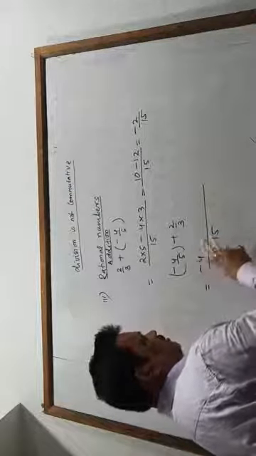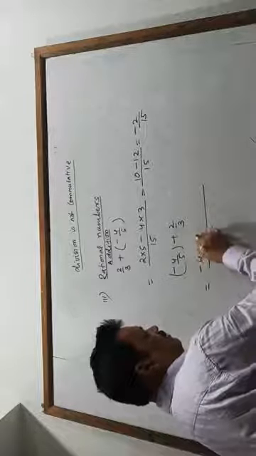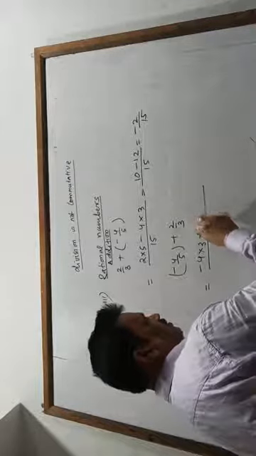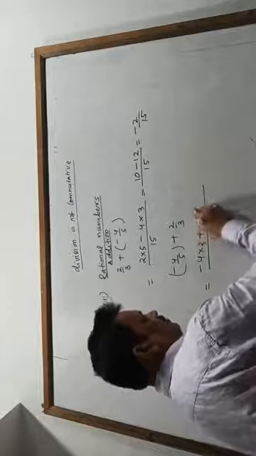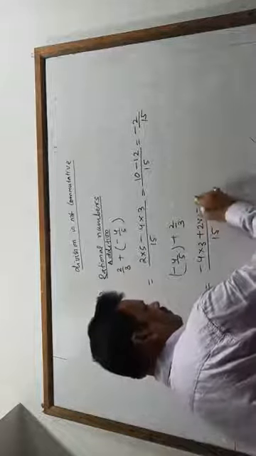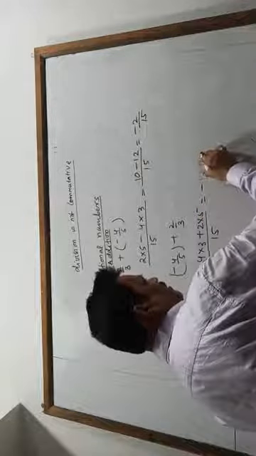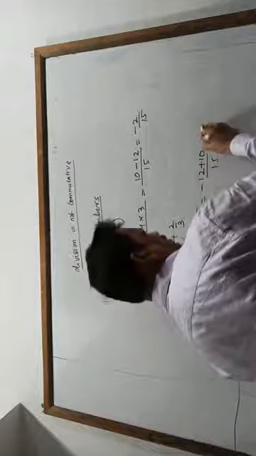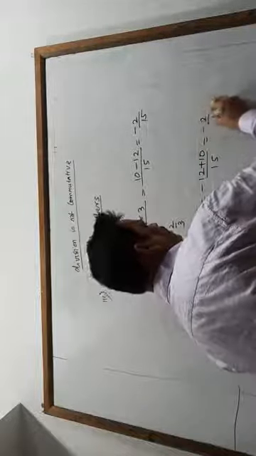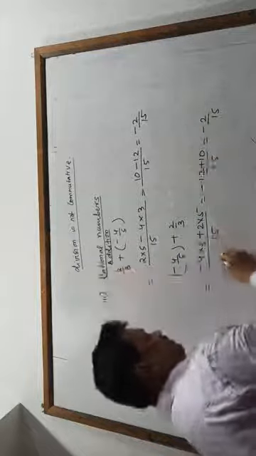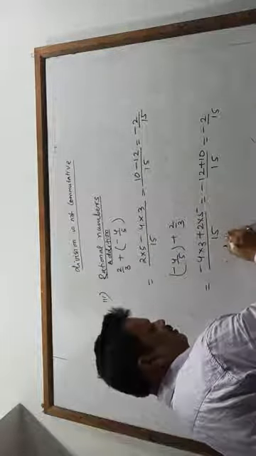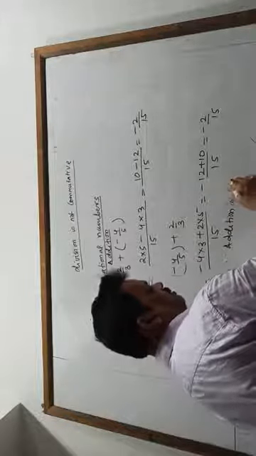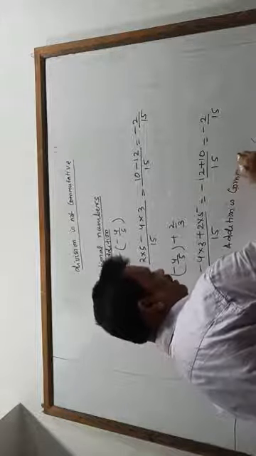Minus 4, 15 by 5 is 3, 15 by 3 is 5, minus 12 plus 10 by 15, minus 2 by 15, same. So write, addition is commutative.